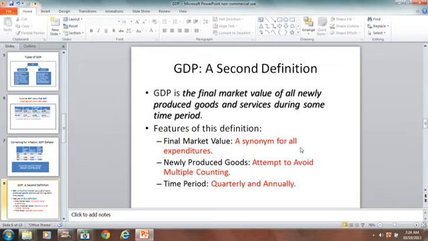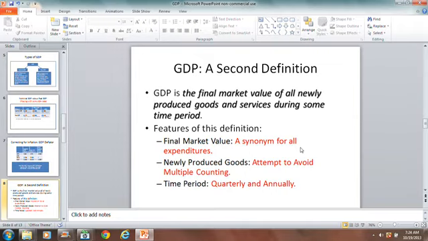Another aspect of this definition that's important is GDP focuses on newly produced goods, only new stuff. So when you're trying to measure growth, growth is additions, is new additions. And so the GDP process, as it's tracking quantities of goods and services, is trying to identify new quantities, new stuff.